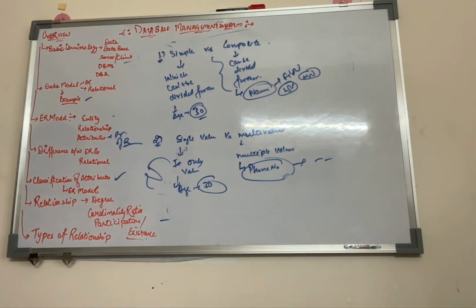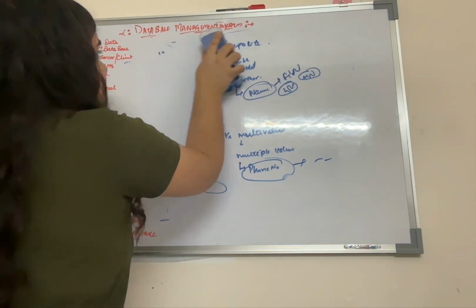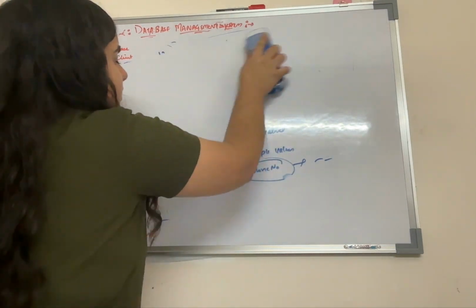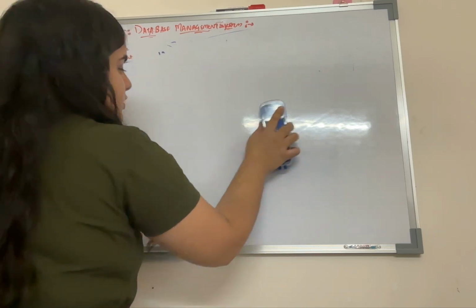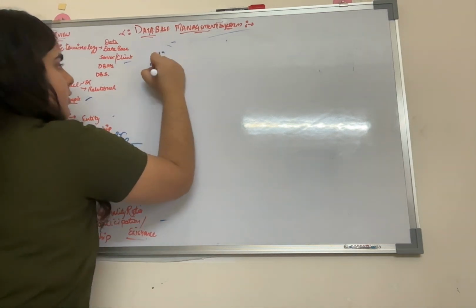Now the third classification is stored versus derived. What does that mean? Stored means the attribute is stored in the database as it is. That means we cannot just calculate the value of that particular attribute.